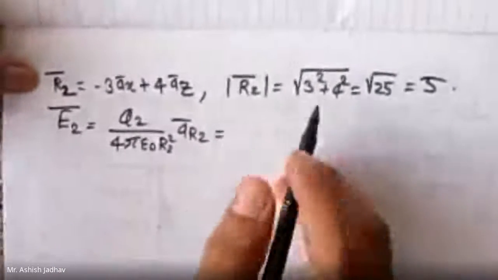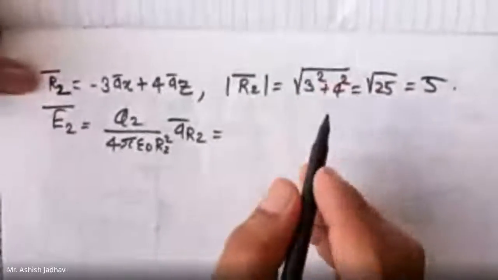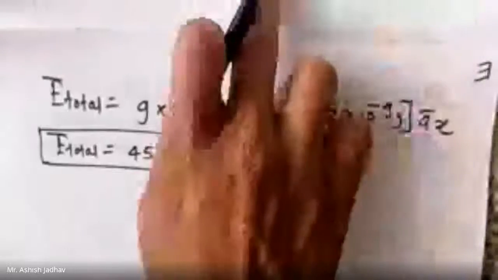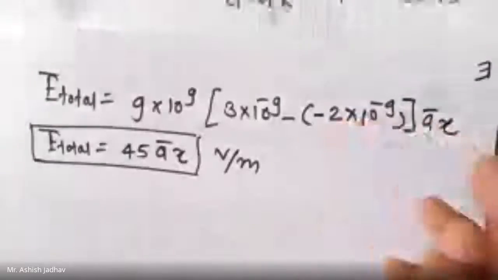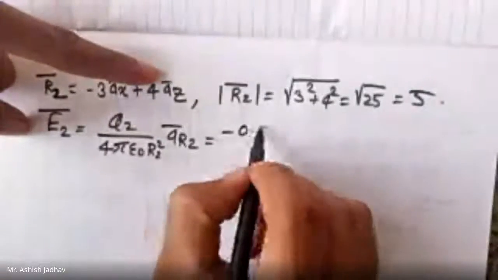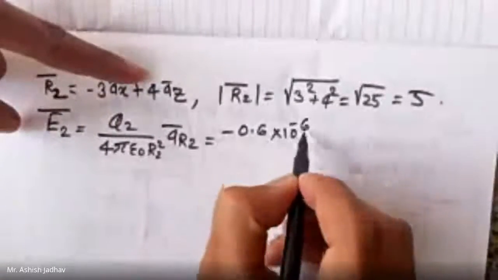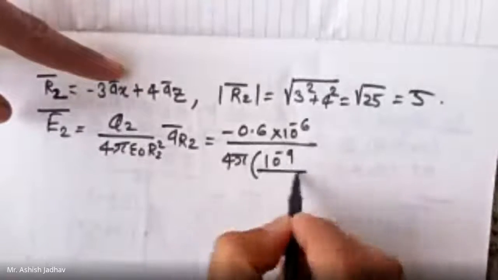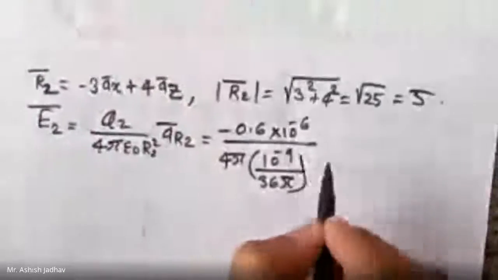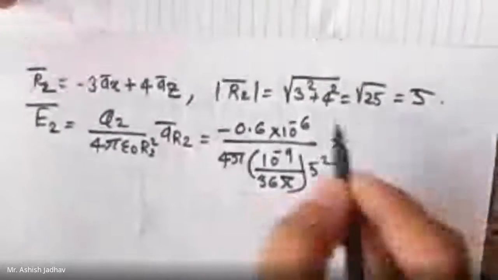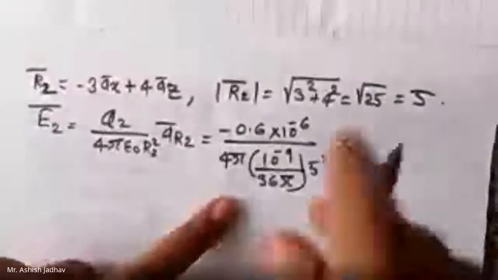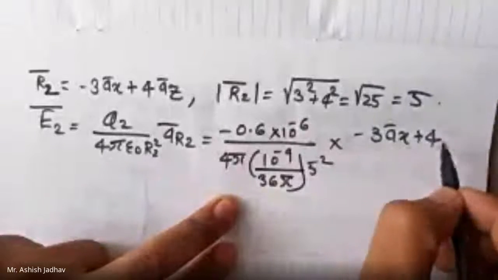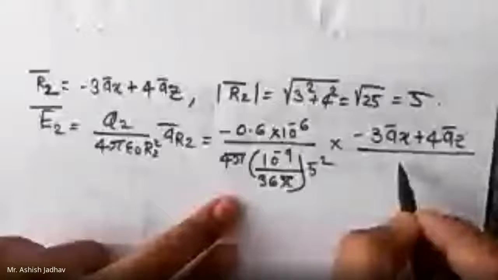So by putting values, what is the value of Q2? Q2 is minus 0.6 into 10 raised to minus 6 upon 4 pi into 10 raised to minus 9 upon 36 pi, 5 square into unit vector, which is minus 3 a bar x plus 4 a bar z divided by 5.